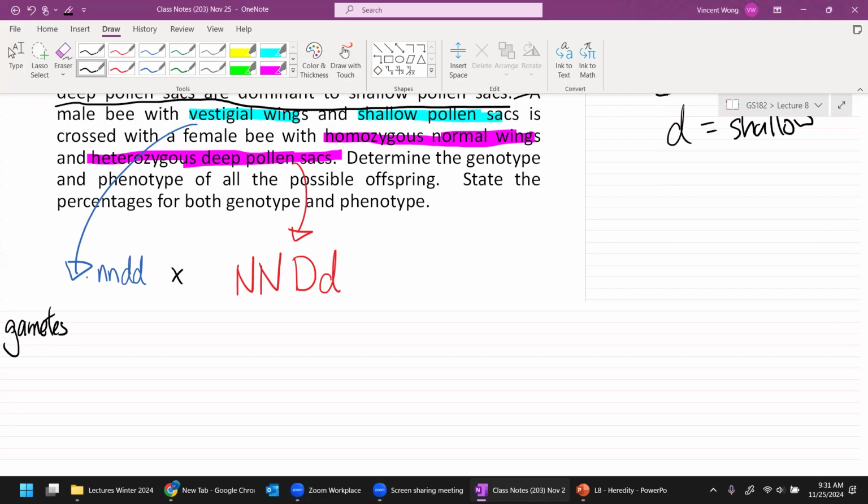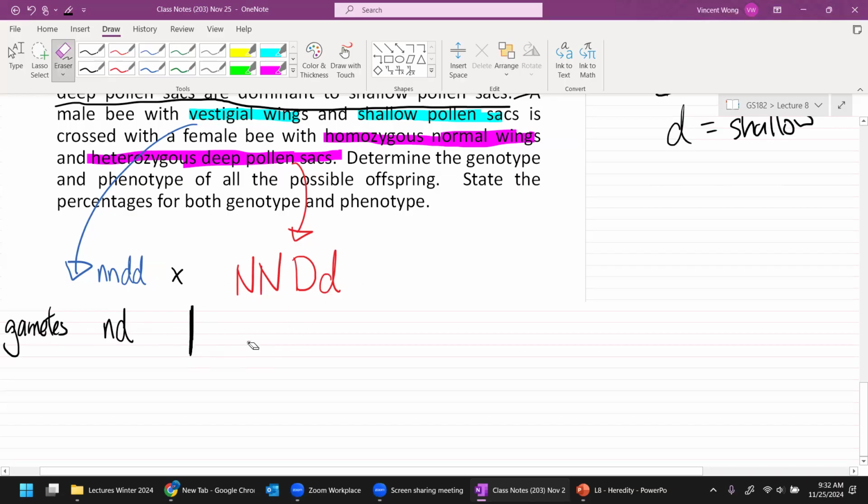This is homozygous, pure. All right. So what are the gametes for the male? Small n, small d. That's all, right? Put a bar to separate them.